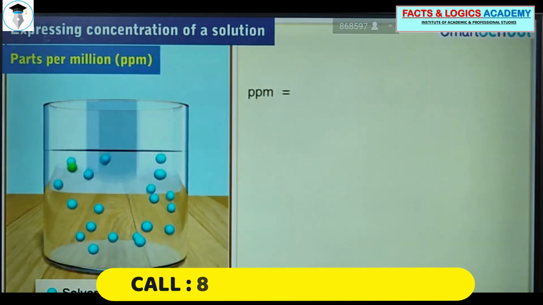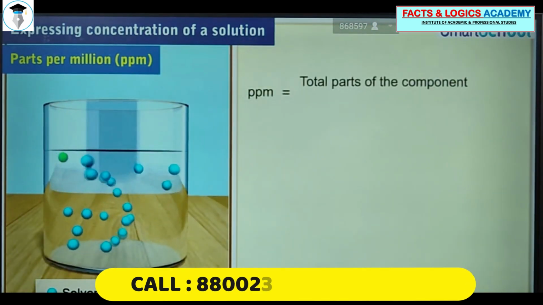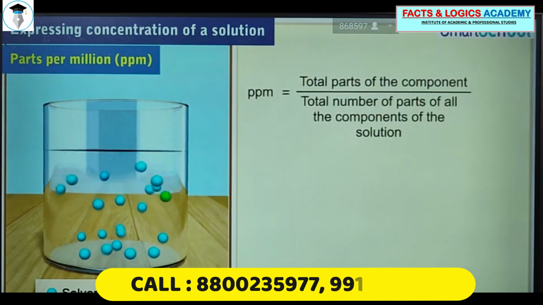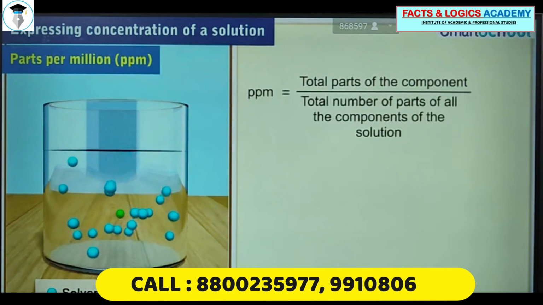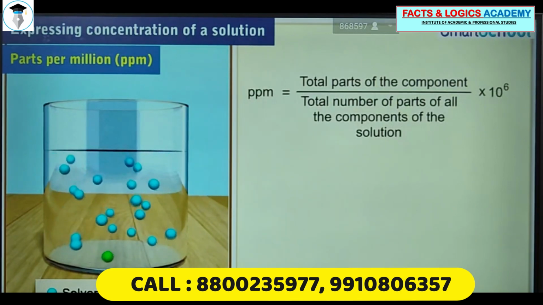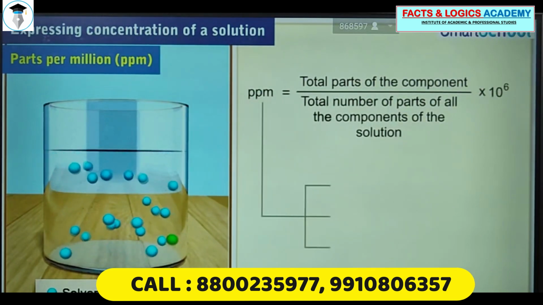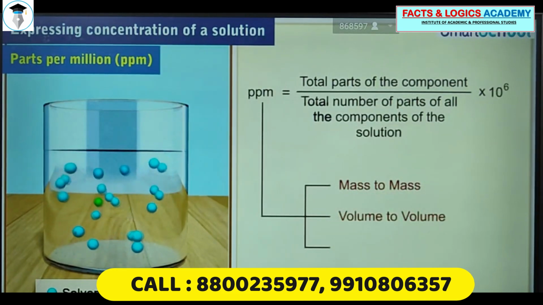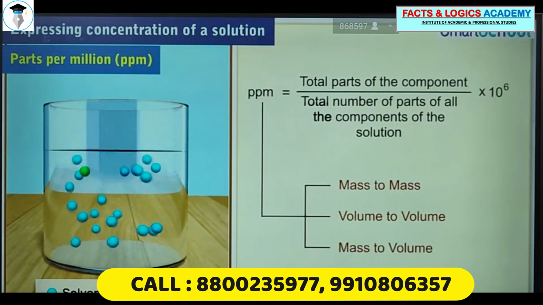Mathematically, it is expressed as the total parts of the component divided by the total number of parts of all the components of the solution multiplied by 10 to the power of 6. The concentration can be expressed as mass to mass, volume to volume, or mass to volume.